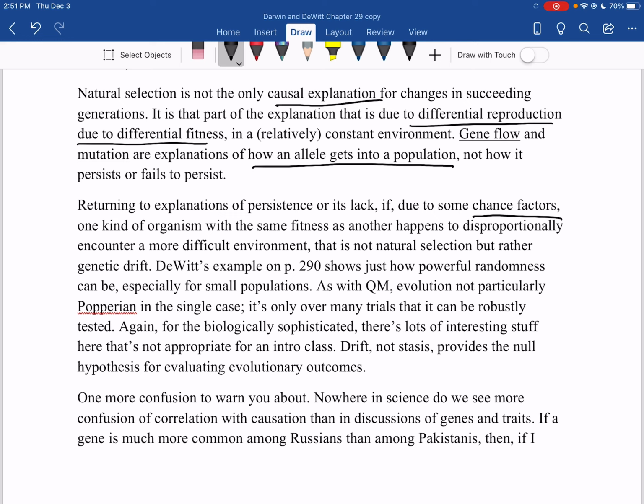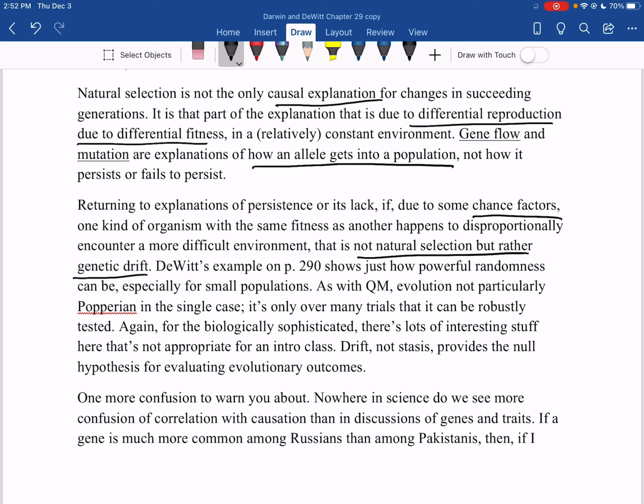That is a matter of chance factors that play a causal explanation in the distribution of genes from one generation to another. So if we take two organisms that are approximately equally adapted to their environment, and one of them faces bad luck, a natural disaster, for instance, that is not natural selection. That's genetic drift. DeWitt walks you through an example of how powerful genetic drift can be, especially when you're dealing with small populations.